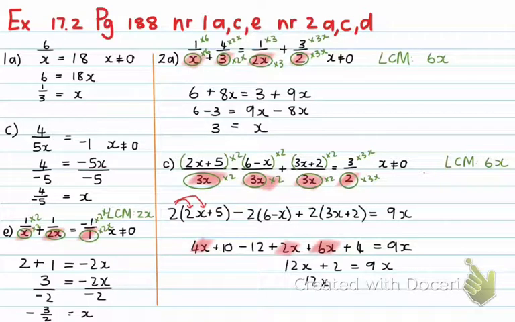So 12x and the 9x becomes a negative 9x, and the positive 2 becomes a negative 2 if I take it over to the right hand side. 12x minus 9x is 3x. Now I divide with 3 on both sides, so then x is equal to negative 2 over 3.